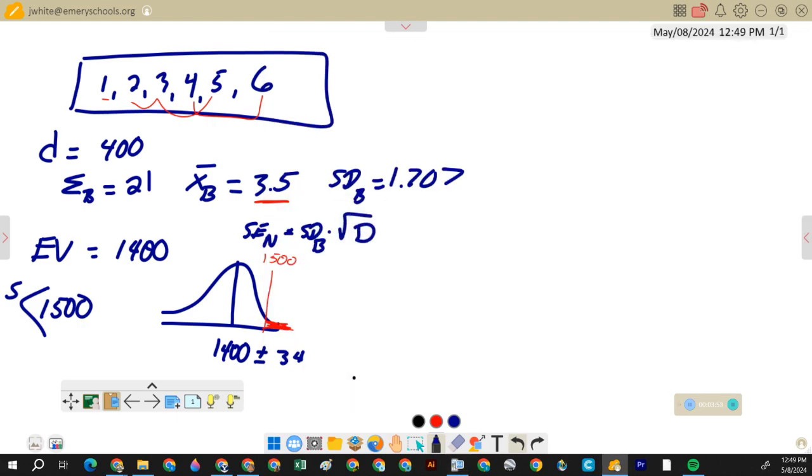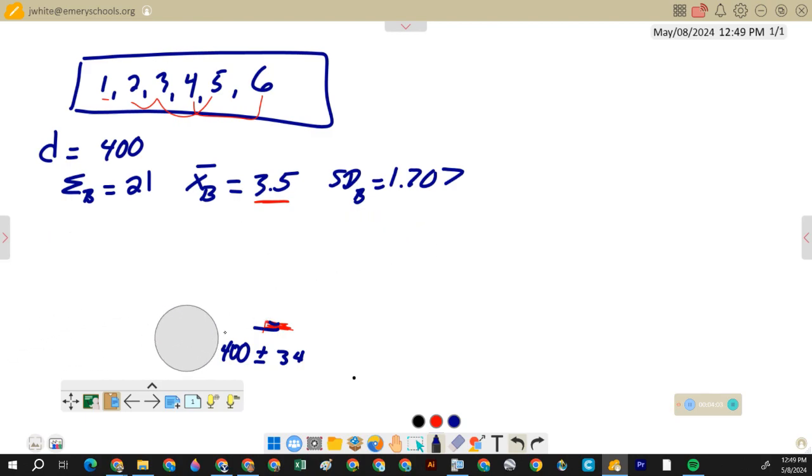All right. What if instead of wanting to know how many points I'm going to score, what if I wanted to know my expected value for the average? So how many points am I going to score per roll? What's the expected value of that?